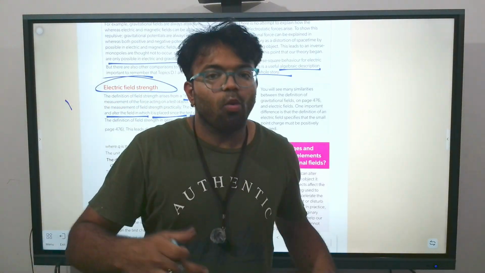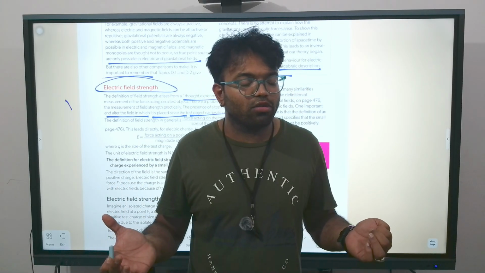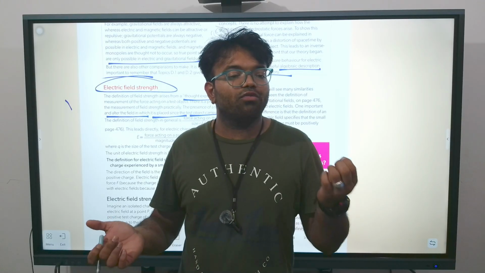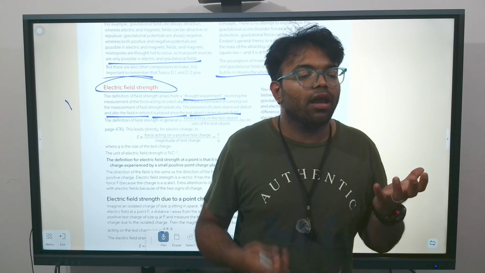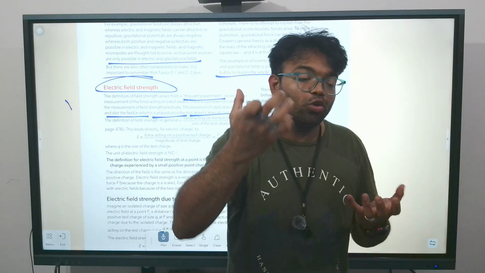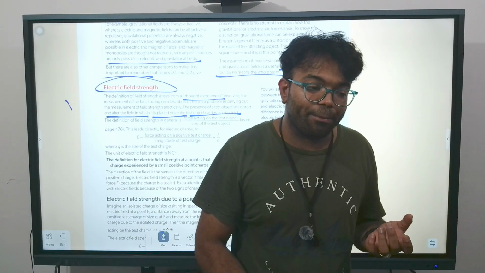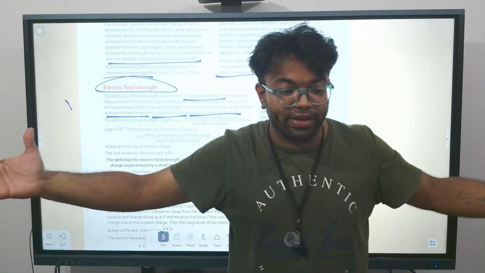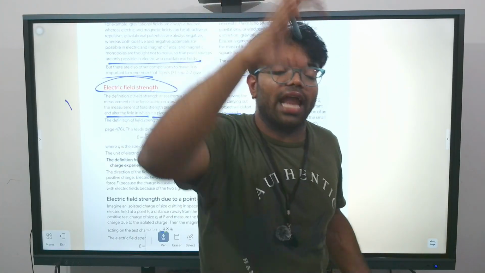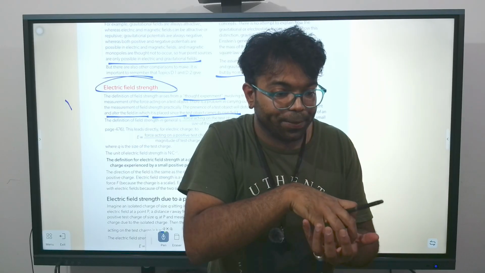So basically, what happens here? See, in the case of the gravitational field, when we were trying to find the gravitational field strength of a particular object, we had to do it by bringing another object to that field. But if you bring another object to that field, what will happen? That object will create its own gravitational field, thus distorting the gravitational field of the original object that we are going to study.